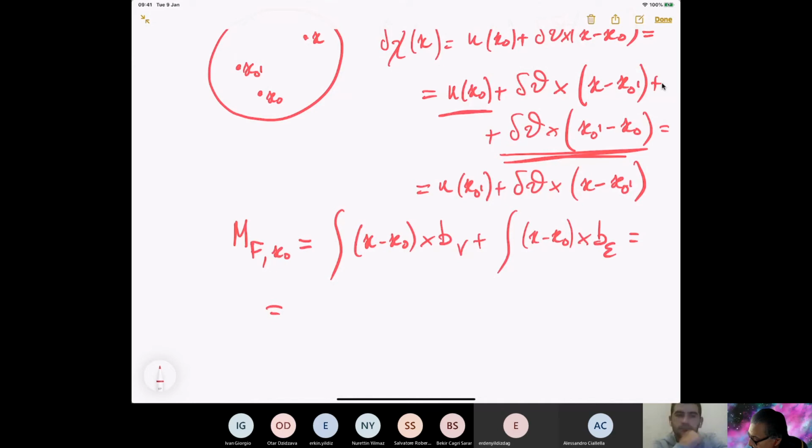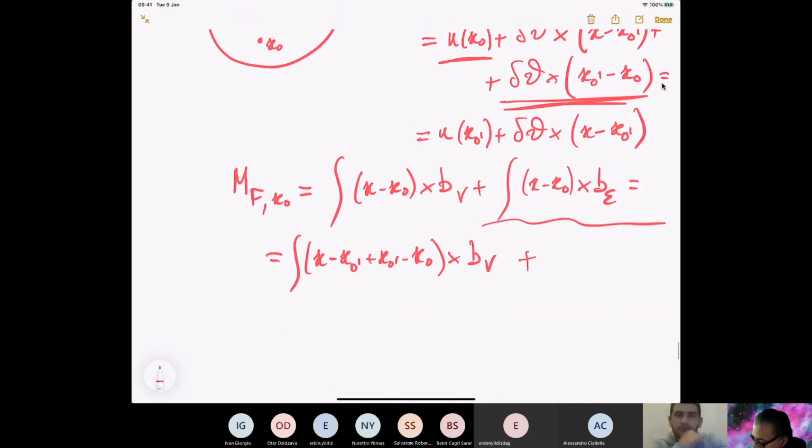You can make the same trick. So you write integral of x minus x0 prime plus x0 prime minus x0 vector b volume. I will not write this because it is exactly the same stuff.